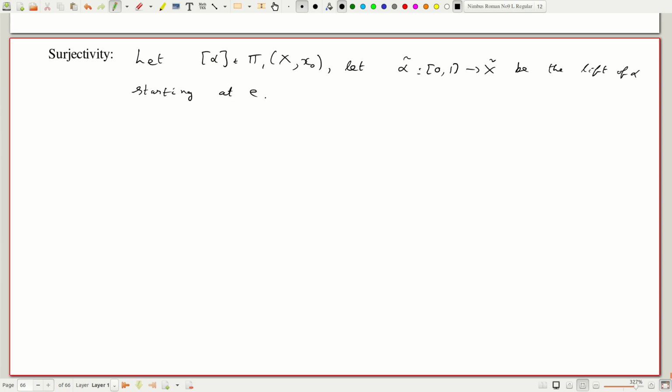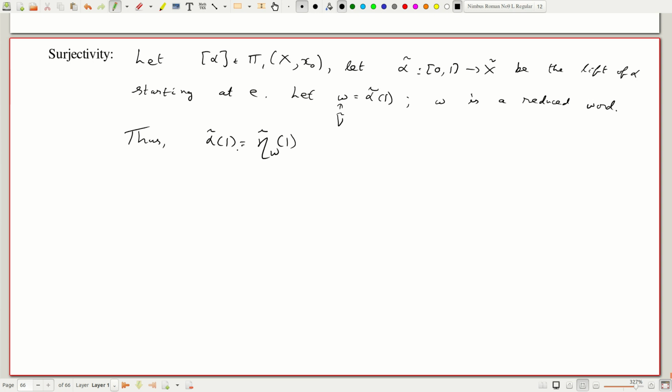Okay, so what is this? So let W, so this is in V tilde, be alpha tilde of 1. So remember alpha tilde of 1. Okay, so W is a reduced word. That we know. Thus, well, alpha tilde of 1 is also eta W tilde of 1.